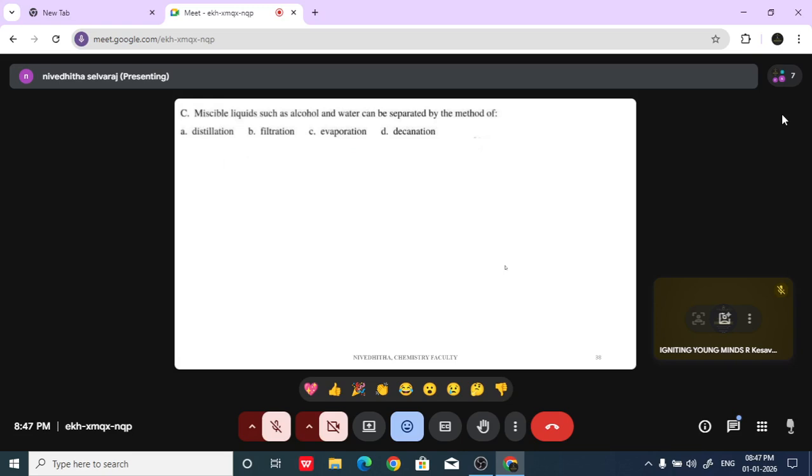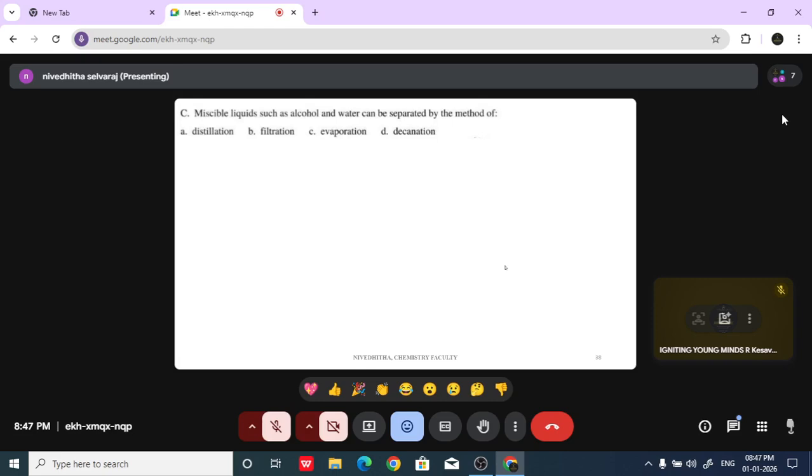What is meant by miscible liquid? The two liquids which can mix with each other. Okay, that is called miscible liquids. If you mix water and alcohol, they can mix with each other. After mixing, we cannot identify which is water and which is alcohol.